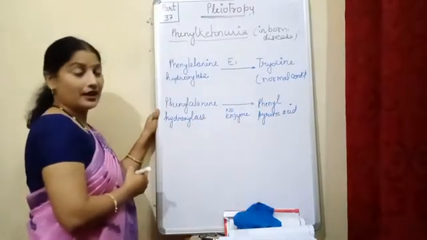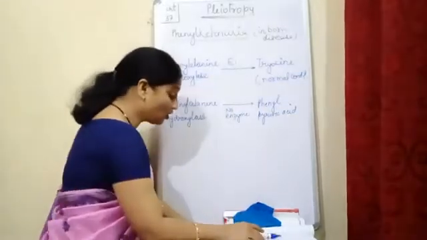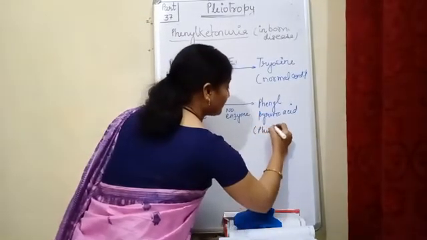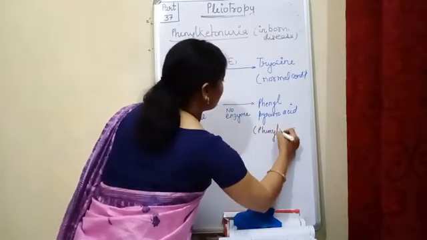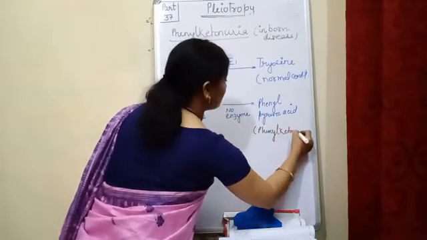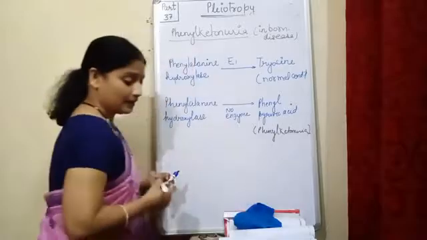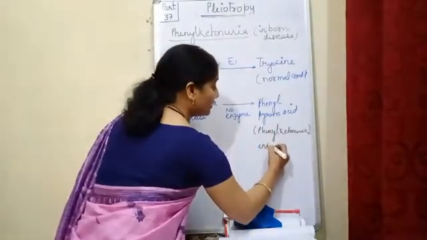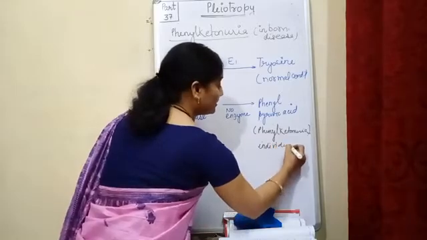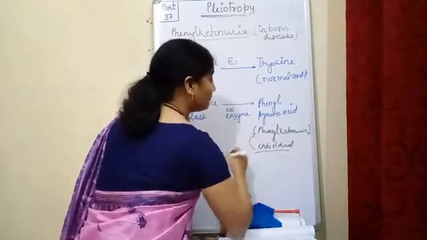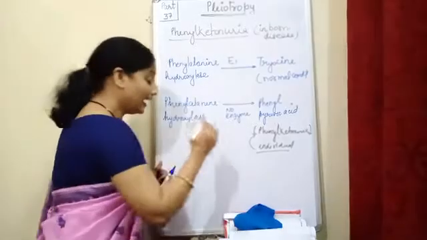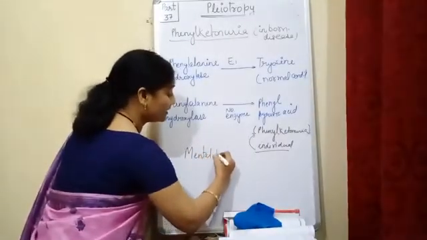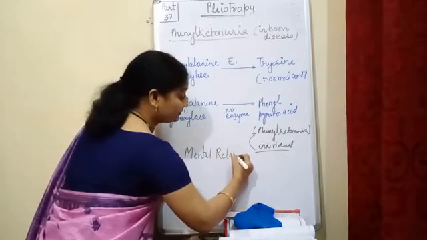Okay, and this is also called a disease, phenylketonuria. Okay, and the individual will suffer from the disease of phenylketonuria, and it will lead to the mental retardation.